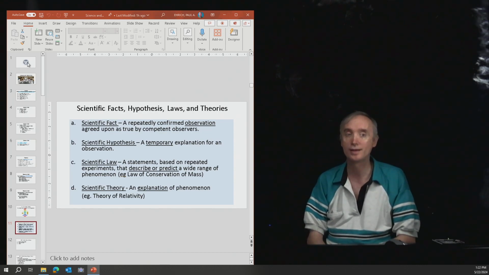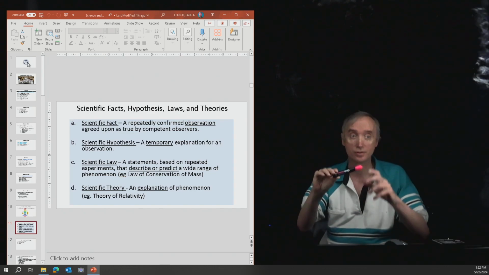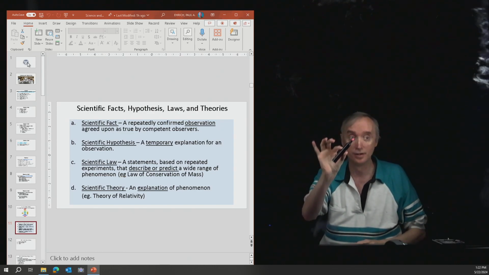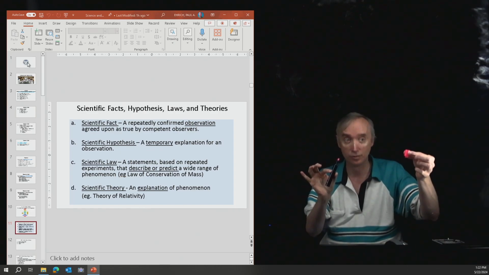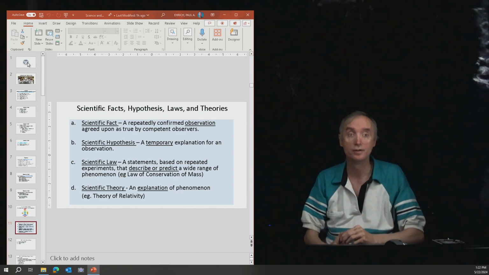That's what a scientific theory does. So, for example, the law of conservation of mass, which means that if this thing has a mass of 10 grams, and then I pull it apart and this has a mass of 9, then this has a mass of 1, so that you can't create or destroy mass.